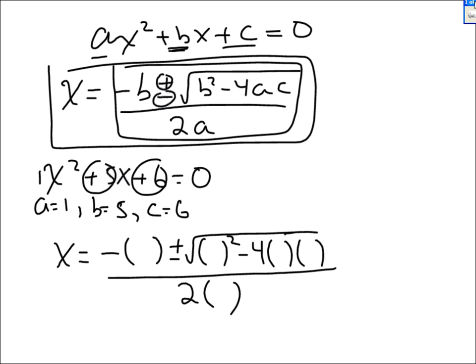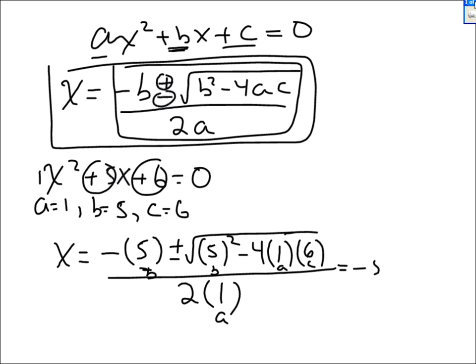And I plug in the values. b goes here, and b goes here, and here's a, and here's c, and here's a. And b is 5, and b is still 5, and a is 1, and c is 6, and a is 1. Just plug in the values.